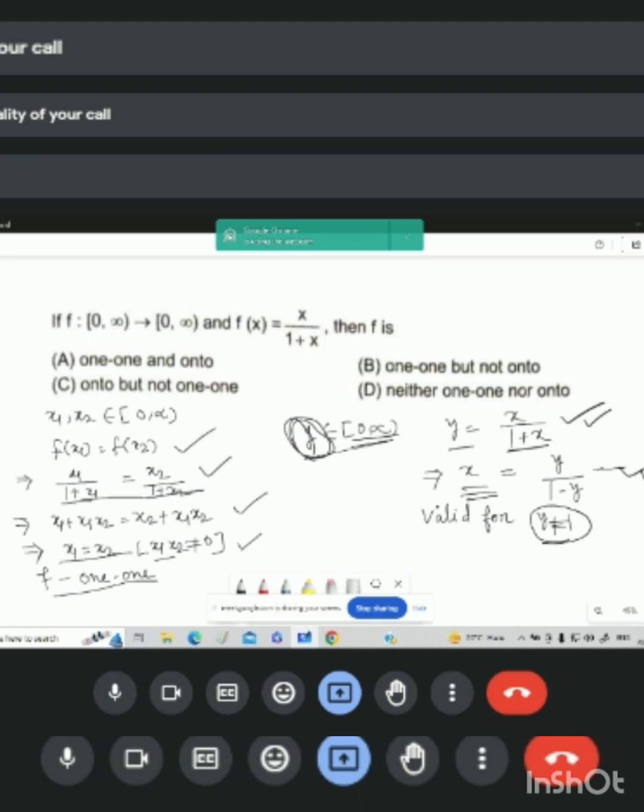But 1 is included in this codomain set 0 to infinity, so that implies 1 does not have any preimage in the domain set 0 to infinity. So that implies the mapping is not onto.